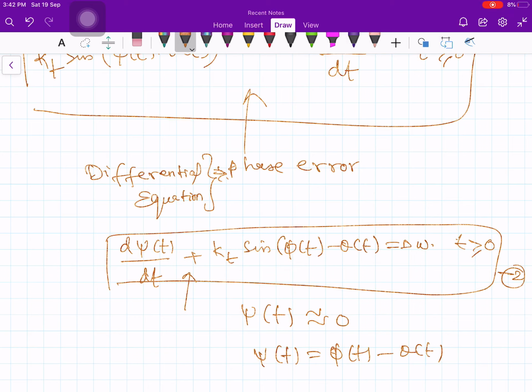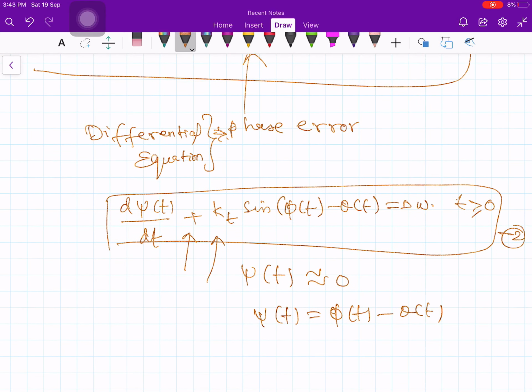So we need to understand at what conditions this differential equation implies a movement towards psi of t becoming 0. Whether or not it will become 0, that will be answered by studying this differential equation.